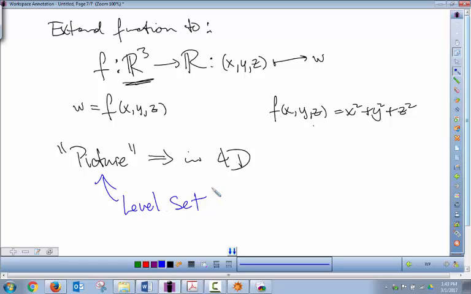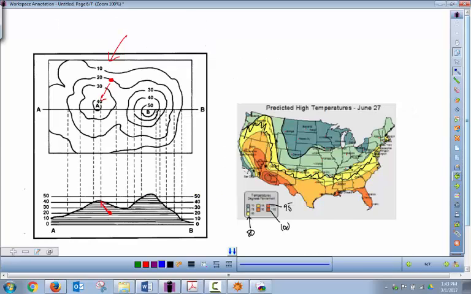I want to say level curve, but in 3 dimensions, it's probably not going to be a curve anymore. So we can call it level set to be more generic, or since this is probably going to be a surface in 3 dimensions, we can call it level surface. What we would do is let the output variable, in this case W, equal constants, because that's what we did here.